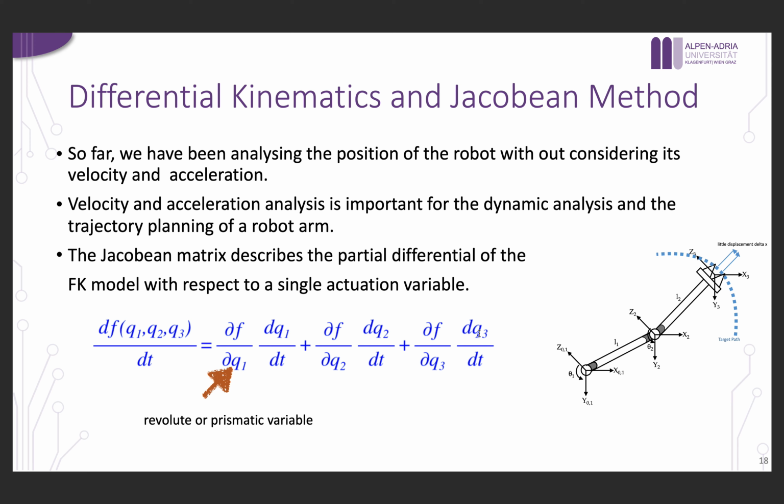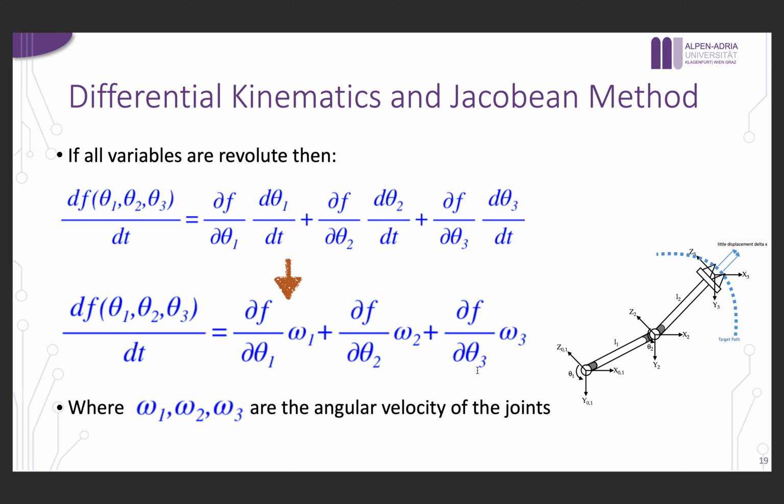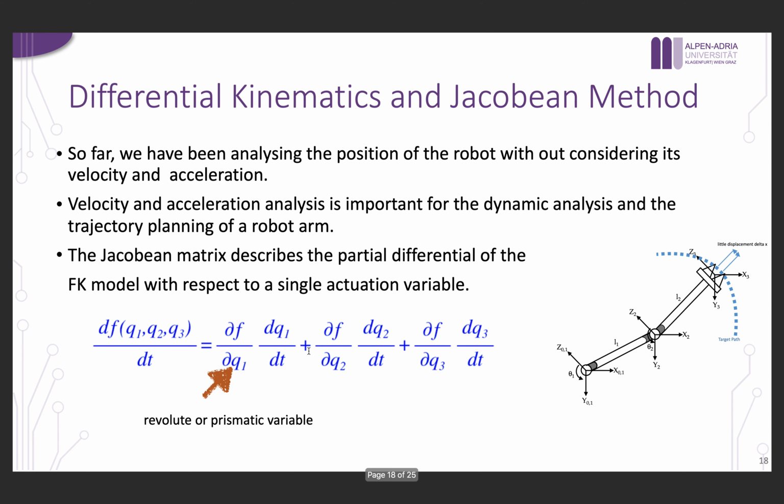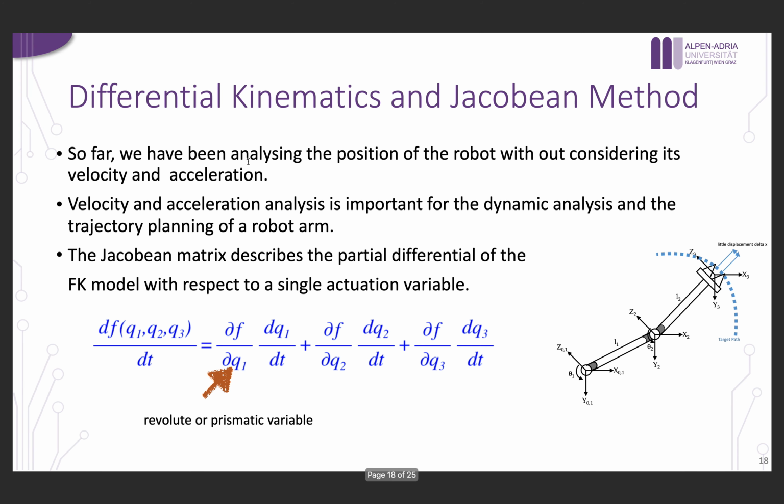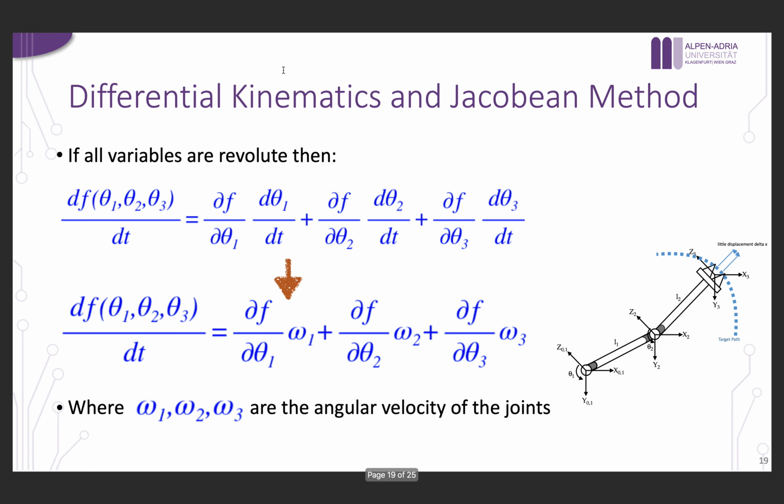Now, let's say that we have rotations only. Then q1, q2, q3 are rotational. That means they are theta 1, theta 2, and theta 3. Now, d theta 1 over dt is the angular velocity, right?